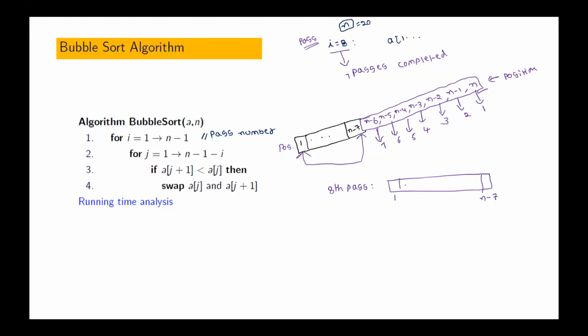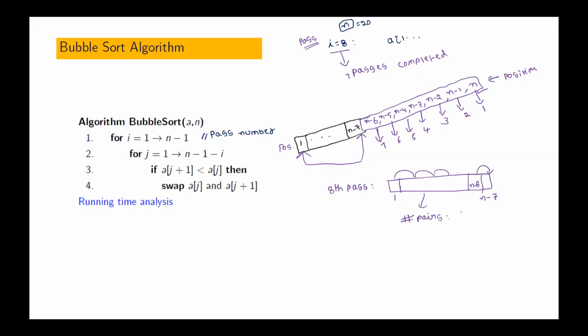But in order to compare elements which are present at positions 1 to n minus 7, we are comparing elements in pairs. So this is 1 pair, 2 pairs, 3 pairs. Like this, how many pairs do we get? If the elements are from 1 to n minus 7, how many pairs do we compare?